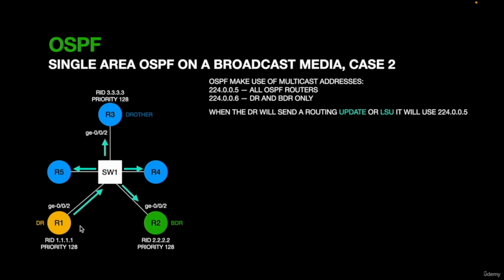Let's say that the designated router will send a routing update or a link state update. It will use 224.0.0.5, which is the all OSPF routers address.